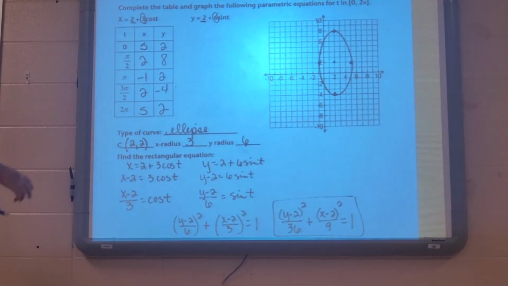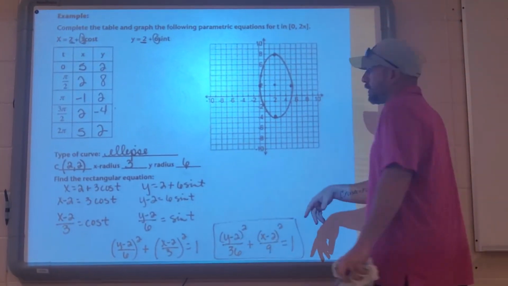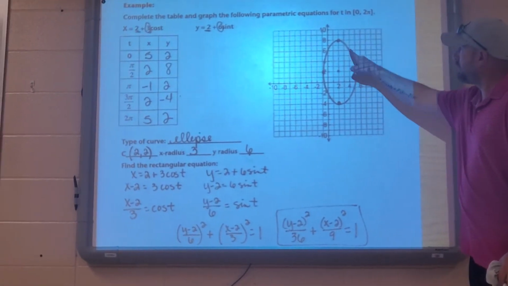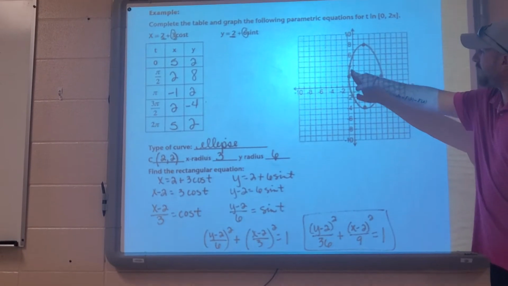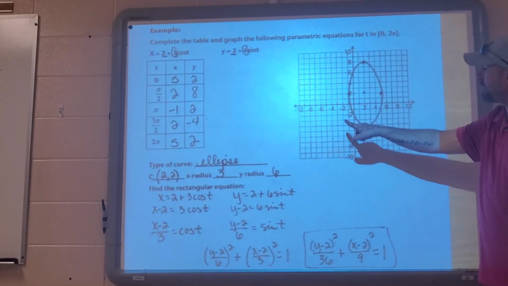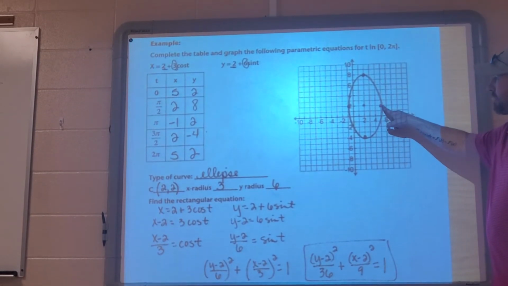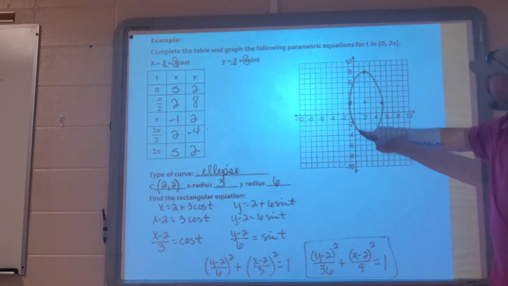When you do all that, you get these values in the table. When you graph it, you put your points here: 5, 2; 2, 8; negative 1, 2; and 2, negative 4; and then back to 5, 2 again. So when you connect the dots, you get an ellipse.